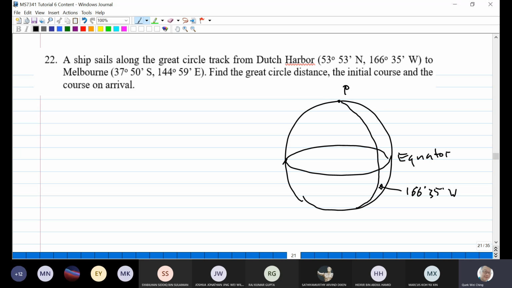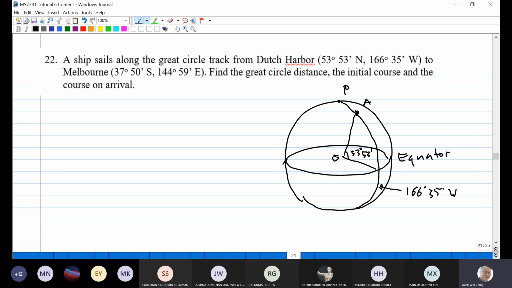So I'm going to turn it this way, and Dutch Harbor is 53 degrees. So from the center of the Earth, Dutch Harbor is somewhere here. Let's call this point A here, and this is 53 degrees 53 minutes, right?